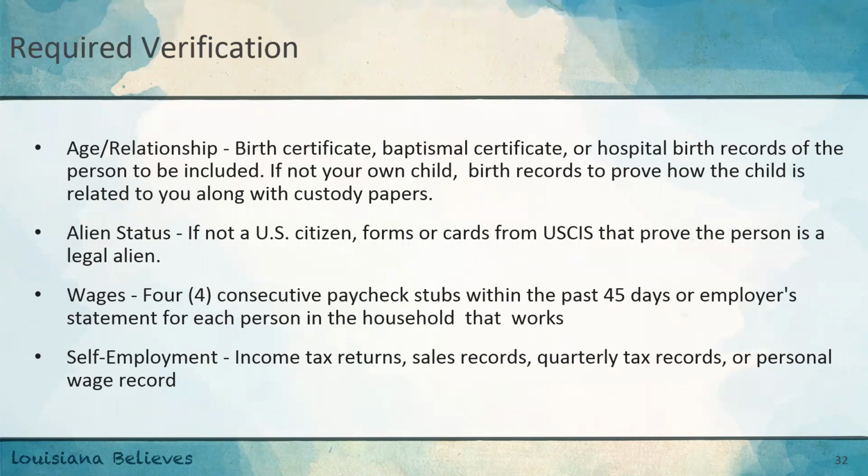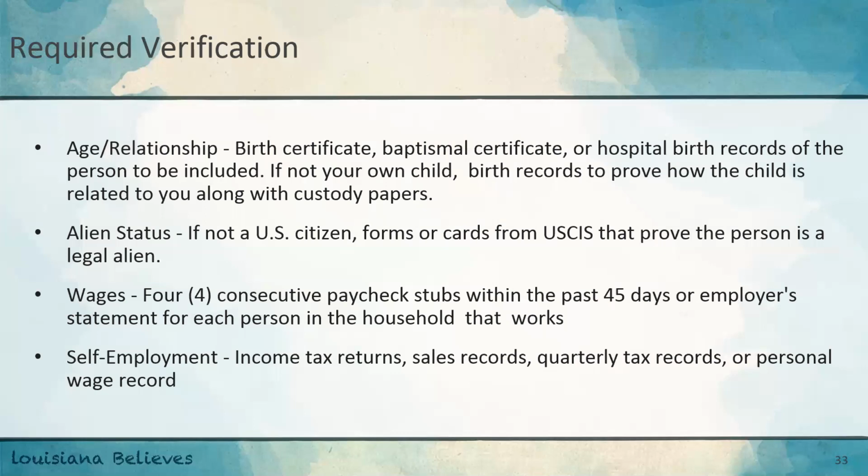Some required verifications that may be asked of the client when they're submitting their application is to verify age and relationship, which in this case, a birth certificate or baptismal certificate or hospital records will suffice. Also, to verify their alien status if they are not a U.S. citizen, we will ask that they submit a form or card from the USCIS in order to verify that status.